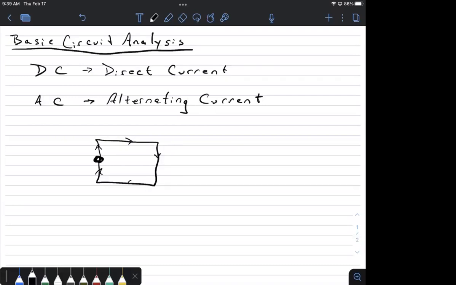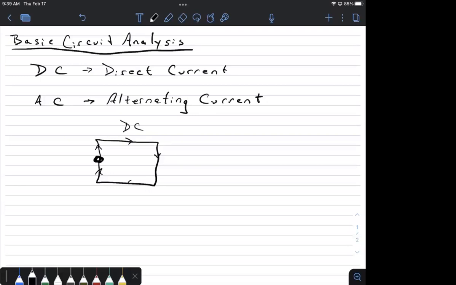Circuit in electronics means this, but you could also talk about a race circuit, or a salesman making his way through the circuit. It basically means there's some path, you visit all these areas, and then you come back to where you started. That's making the circuit. That's DC.